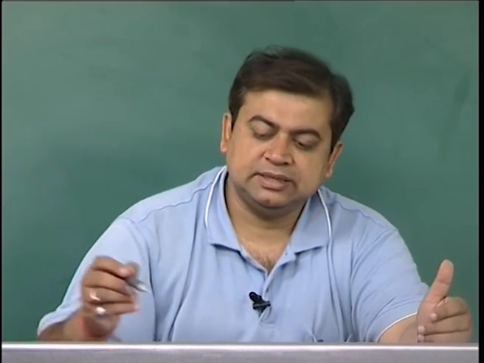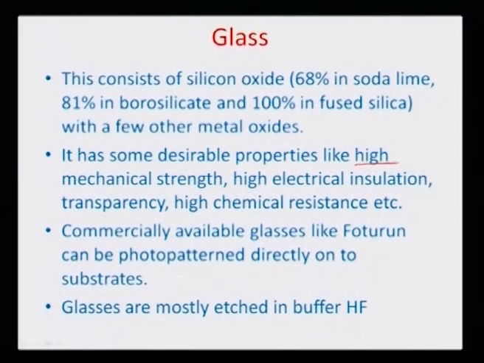So glass itself has a variety of desirable properties. For example, it has high mechanical strength, high electrical insulation, transparency, and high chemical resistance, which are all amenable to microsystems. So therefore glass sometimes can be used for packaging microsystems typically.